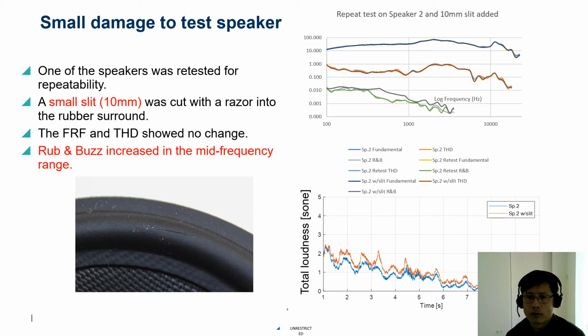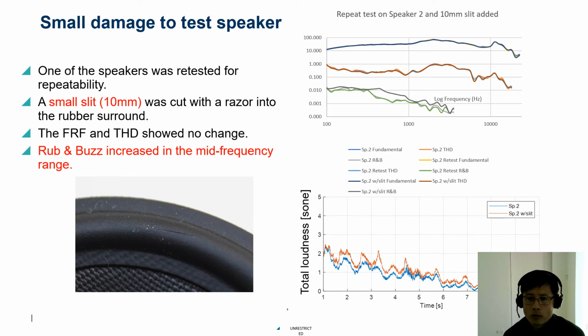What is clearly visible is that the frequency response function and THD don't seem to reveal the damage. However, the Rub and Buzz metric seems to be able to distinguish the damage that we have made.